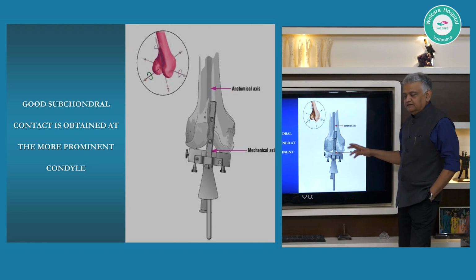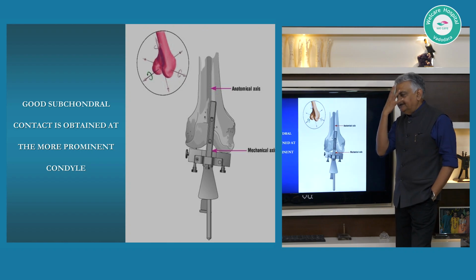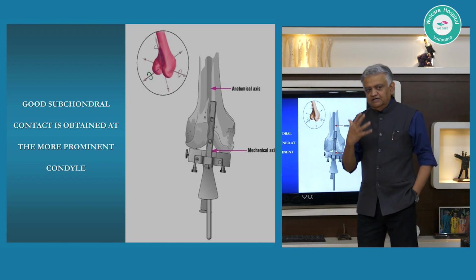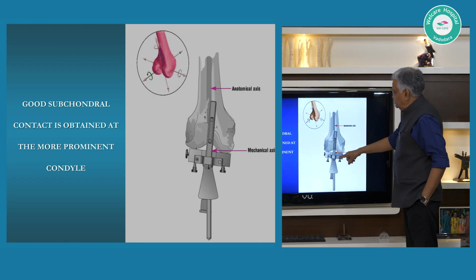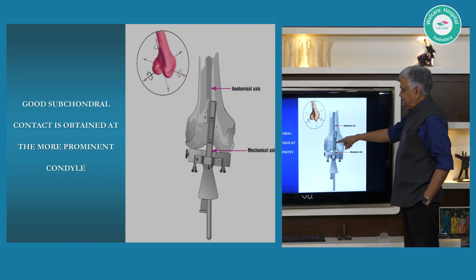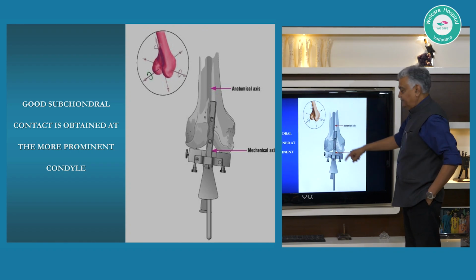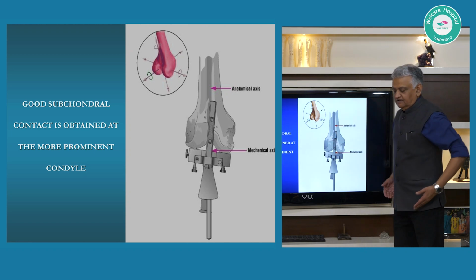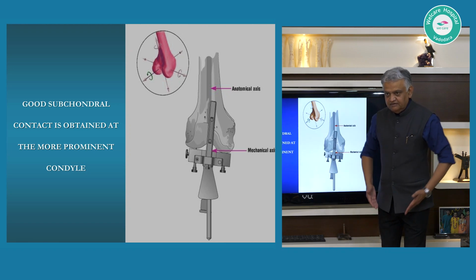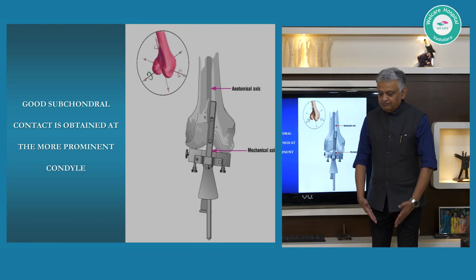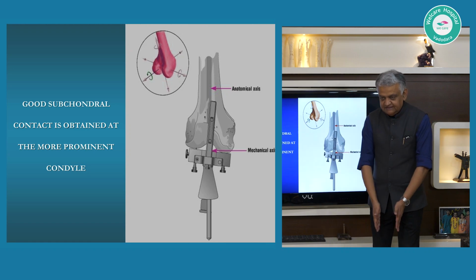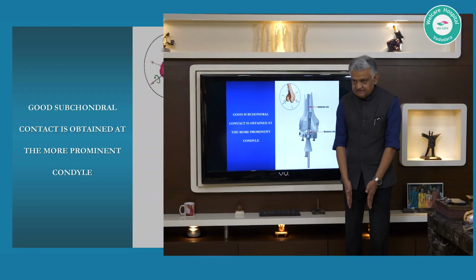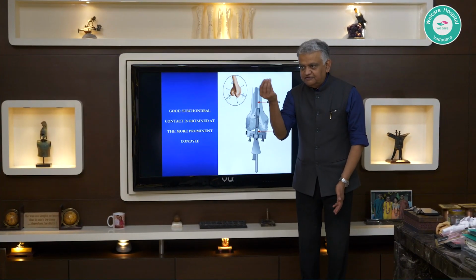As you can see here, this is the figure which will help you get this concept visually in your brain. Look at the rod. This represents the anatomical axis, whereas this represents the mechanical axis. Because the femur comes like this, and the mechanical axis you want is like this, the angle between the anatomical axis and the mechanical axis is the angle which you have to decide.